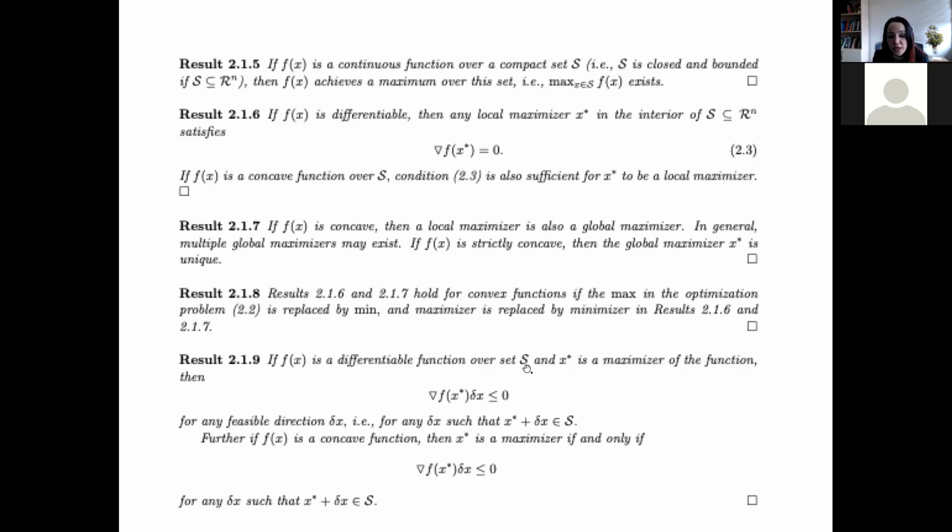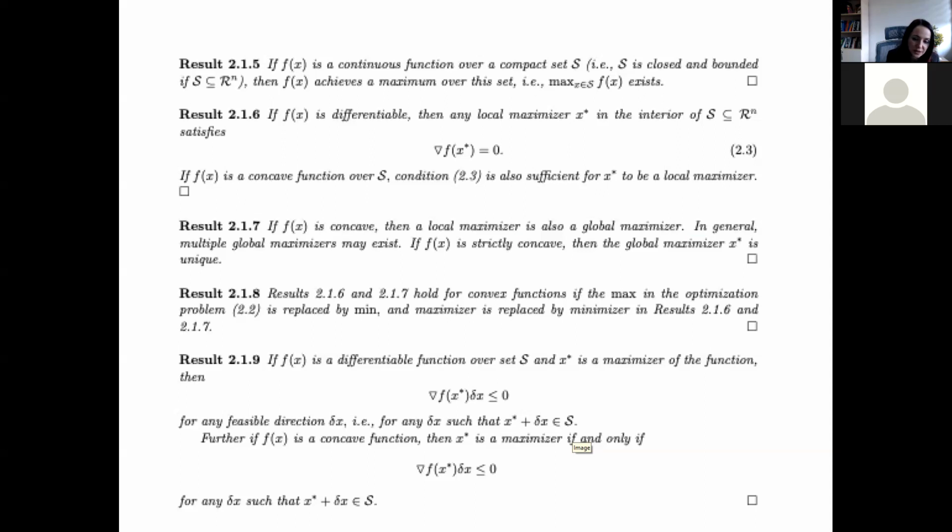If f is differentiable over the set S, and x star is a maximizer, then the gradient at x star times the displacement delta x is less than or equal to 0, for any feasible direction delta x, meaning any delta x such that when you get displaced by delta x, you are still inside the set S. So wherever you go, the difference that you incur in the function is going to be negative if you start from the maximizer.